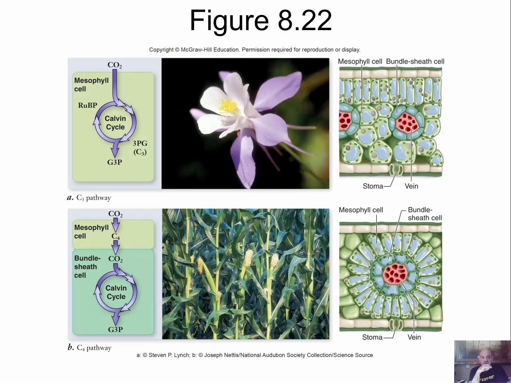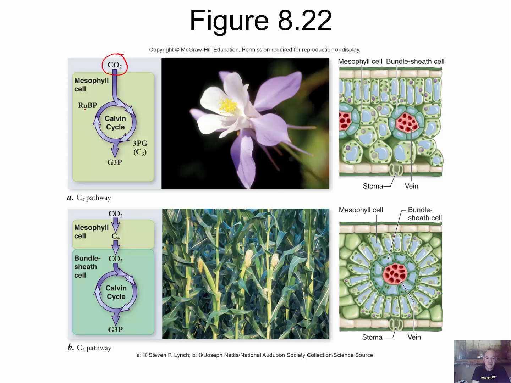So let's take a look at the normal C3 Calvin cycle we've been looking at here. If we have carbon dioxide coming in, the carbon dioxide gets into the cells and into the chloroplasts, and then it gets fixed, just like we saw before with the Calvin cycle.